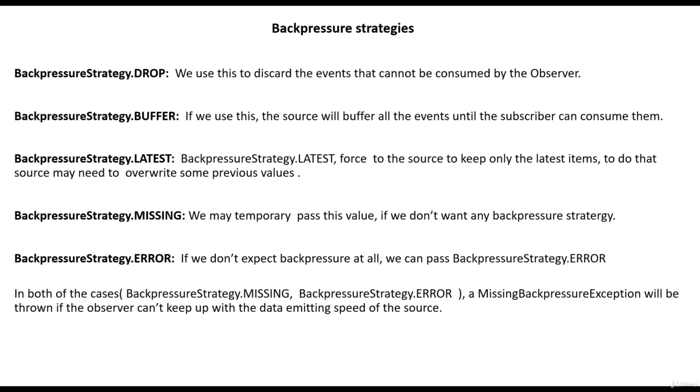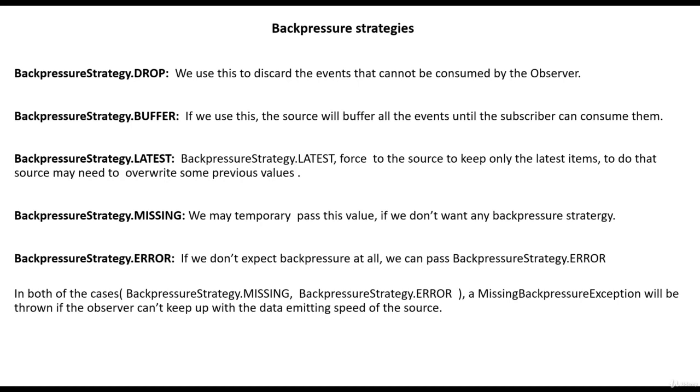And missing: we may temporarily pass this value if you don't want any back pressure strategy. So if you don't want to provide any strategy, we can just provide the missing strategy here. Error: if you don't expect back pressure at all, we can pass the back pressure strategy of error.